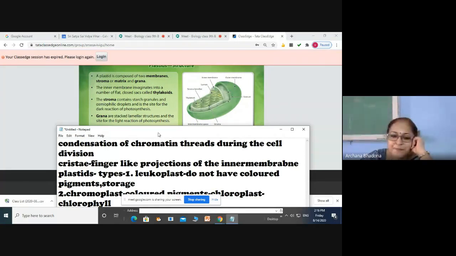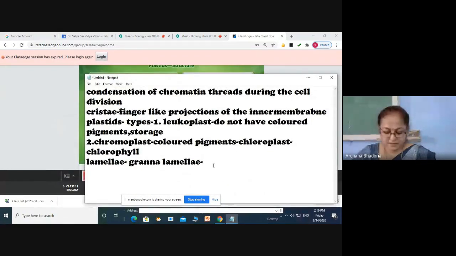It consists of the sac-like structures called thylakoids, which are placed one above the other, forming granum.